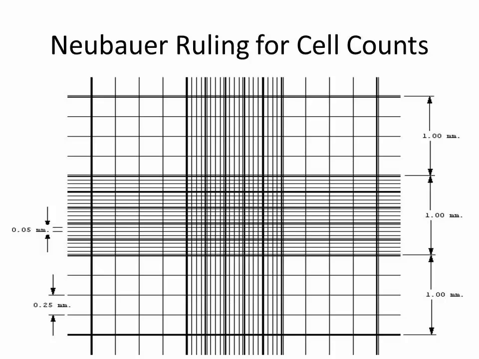Each little small line is 0.05 millimeters, and each bigger square, like this, would be 1 millimeter. And then you choose within that either grids based here or grids based here or things in here. It depends on, let's say you had a lot of little algae and you needed much smaller grids to keep track of things, you might count those grids.